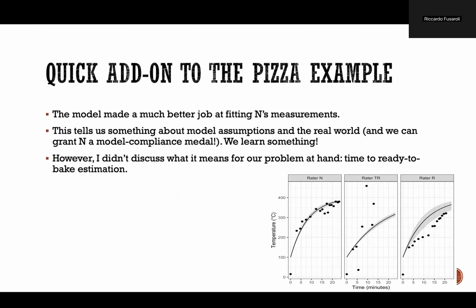And that's very important. To quote a title of a book that I recommended last week, we need to escape model land at a certain point, and we need to make decisions in the real world. So what is the implication of this pattern that we just learned of the limits and possibilities of the model for our decision on how long to wait until we can put a pizza in the oven?